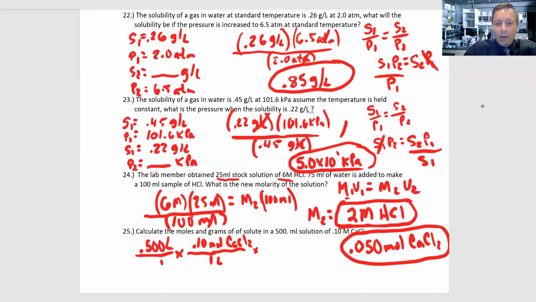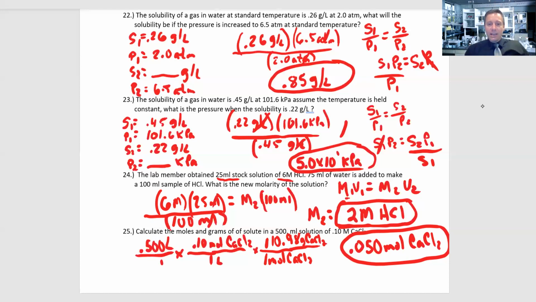But it also asks for grams, so I can go one more step. So 1 mole of CaCl2, and I got to get my calculator and my periodic table. So I have 35.45 times 2 plus calcium, and calcium is 40.08. So I have 110.98 grams CaCl2.